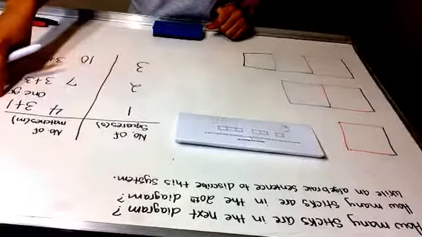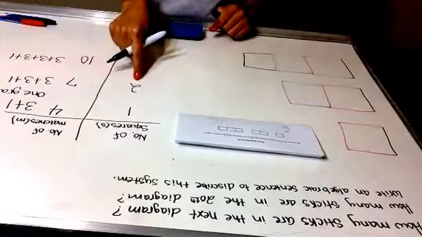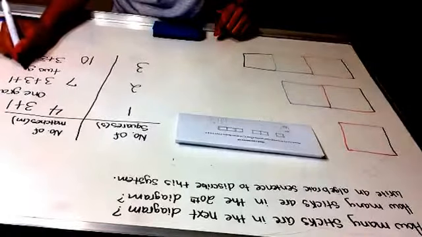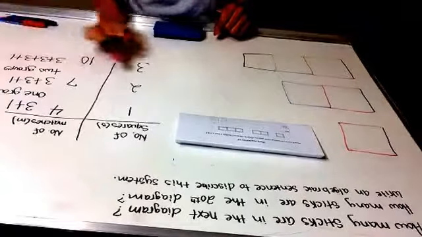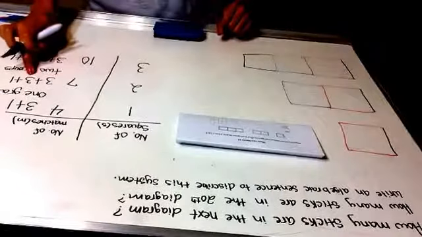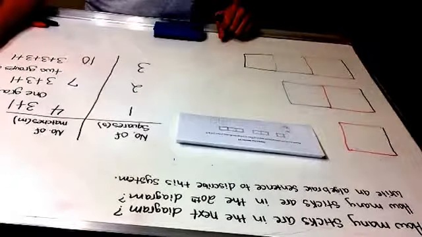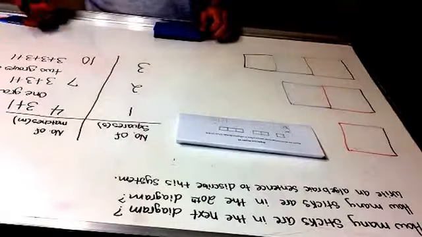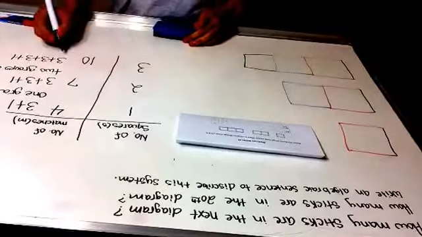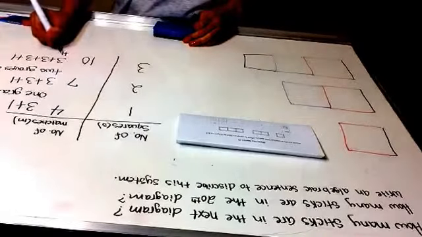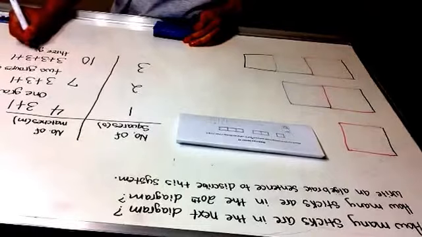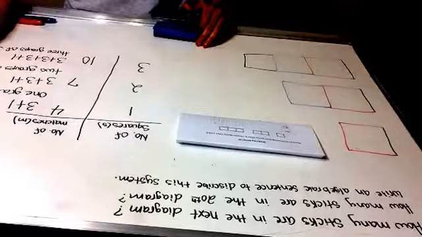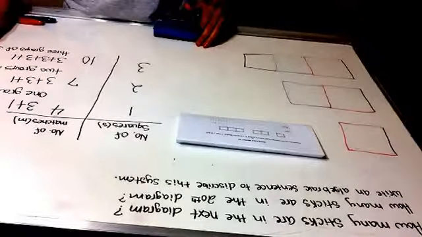And then you will notice here, we have 2 groups of the 3 plus 1. Notice there's some multiplication going on right now. So here for the 3 squares, we have 3 groups of 3 plus 1.